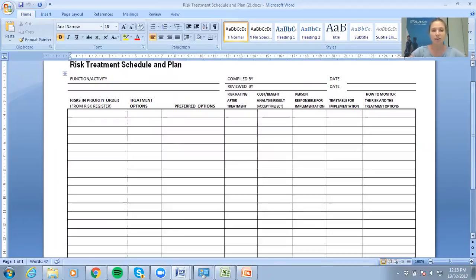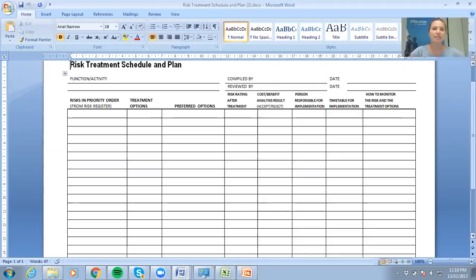And the difference in this risk treatment schedule and plan, you're actually going to be listing your risks in priority order, thinking what is the biggest risk to our charity and working through them until you get to your minor risks.